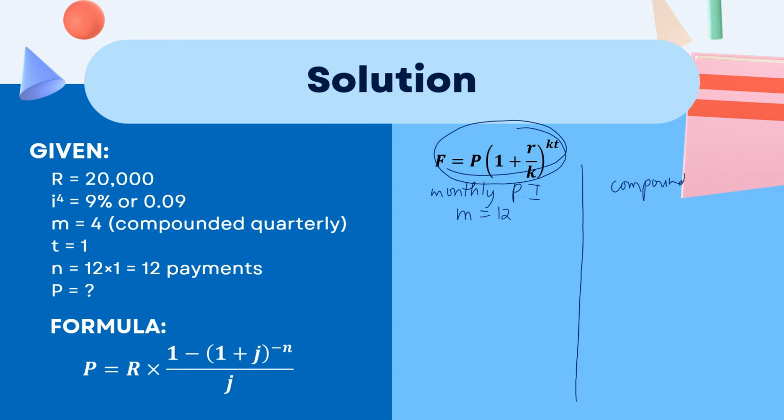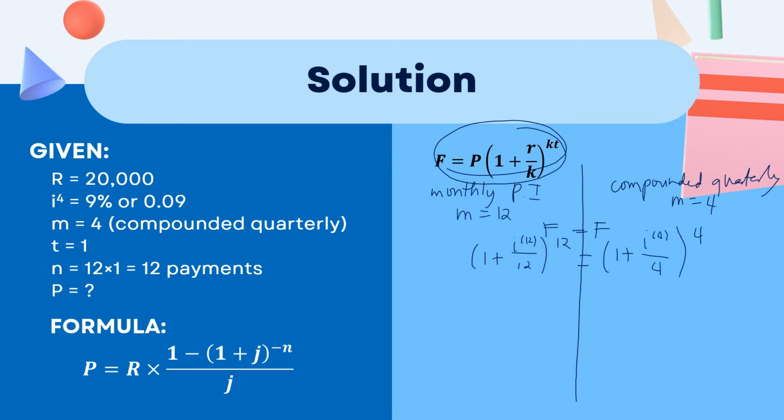Compounded quarterly. So, M dito is equal to 4. So, substitute lang po natin. F is equal to F. We have now 1 plus the interest rate over 12 raised to 12 is equal to 1 plus the interest rate of compounded quarterly.